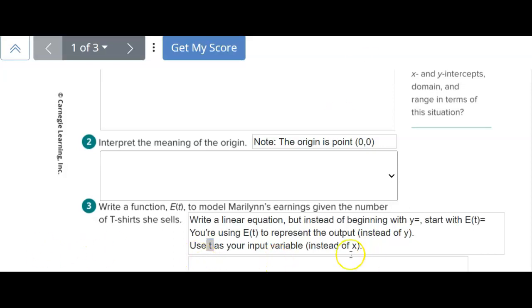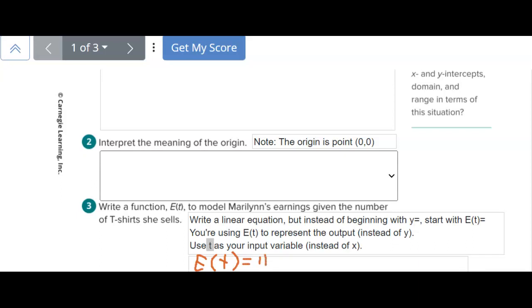So in this function box down at the bottom of this page, you can type it, I'm going to write it here. You're going to be writing E of t equals, and then you're going to put some number here.